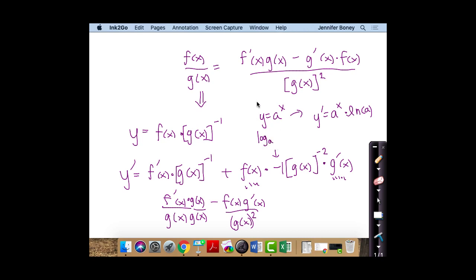Now, this expression here is exactly equivalent to log base a of y equals x. If I ask you to find y prime from this, it's kind of weird because y is jumbled into the middle of it, but you can find the derivative of the terms that you see, and y prime will turn out to be one of the pieces of that expression you get. You can solve for y prime.